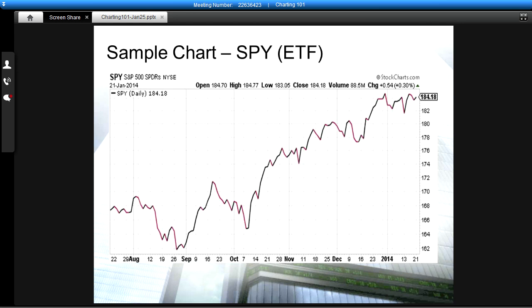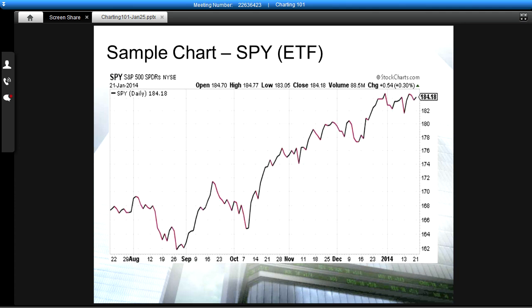So this is a sample price chart of SPY. This was just taken recently. This is a line chart. SPY is an ETF that is 1/10 of the dollar value of the S&P 500 index.